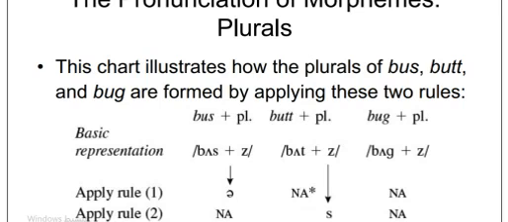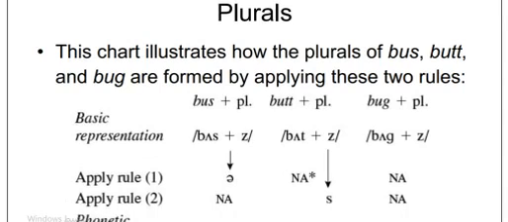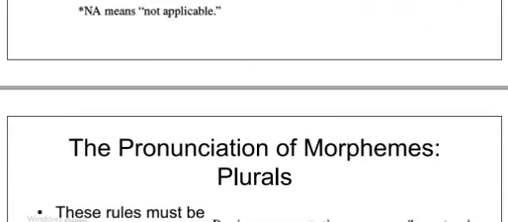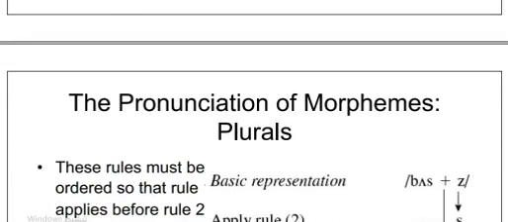Pronunciation of morphemes, continuing the same point. The chart illustrates how the plurals of bus, bug, and other words like pot are pronounced. Here we say buses, so we have rule 1 when we insert schwa, and then when we change to s: buses with schwa, pots with s, and bugs with z. The three examples show how we can apply it.